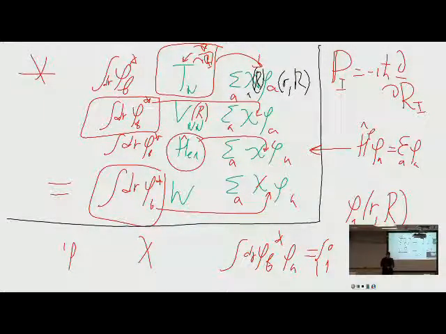So what did we do next? Then we decided that we wanted to get rid of the electronic wave functions. And we practiced which property? Yes, orthonormality. So we multiplied everything by the convolution with an electronic wave function with another index and integrated.